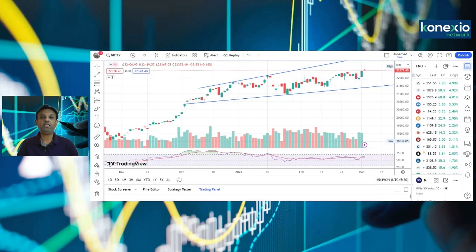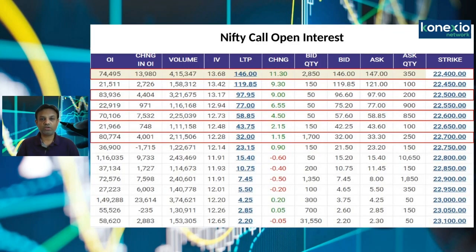Now, friends, let us go to the option analysis of Nifty calls. You will see on the screen in Nifty calls, the action was seen in 22,400 calls, 22,500, 22,600, and 22,700 calls, and up to a certain level 22,800 calls also, because there is strong open interest as well as strong volume concentration.